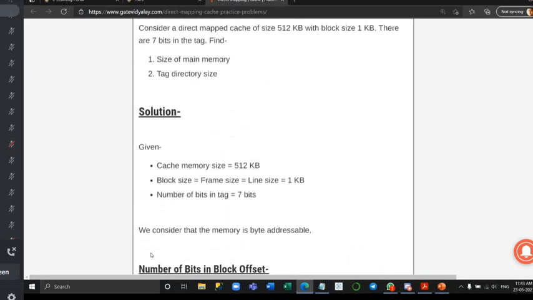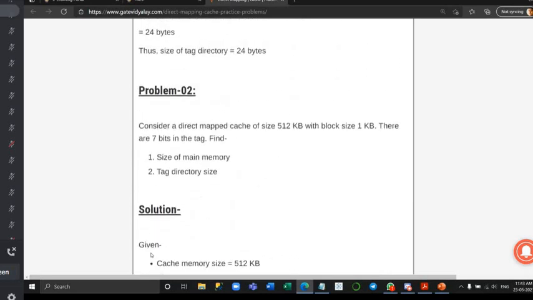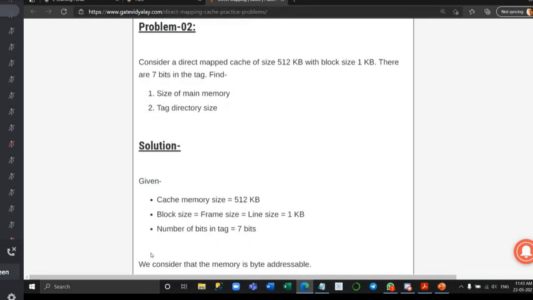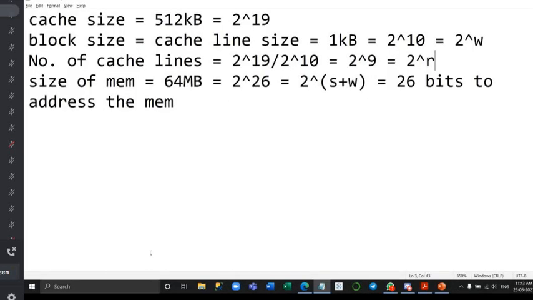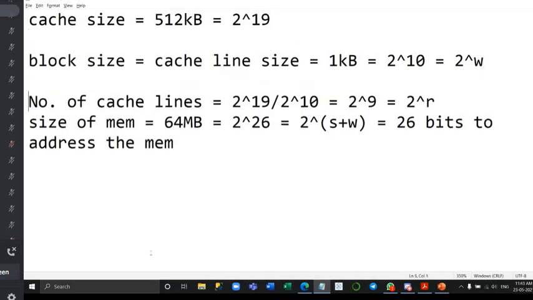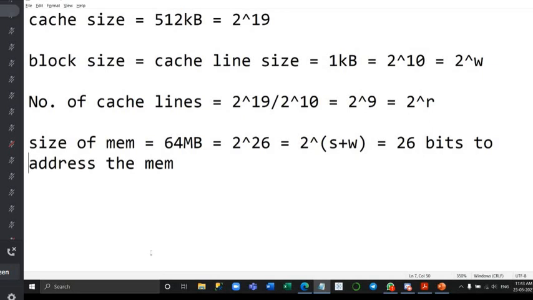The second part of the question was, what is the tag directory size? From the previous example as well, we know the tag directory size is basically the size in the entire cache that is allocated specifically to the tag, right? In our example, we have the total number of cache lines as 2 to the power 9, which is 512, and the tag has 7 bits.